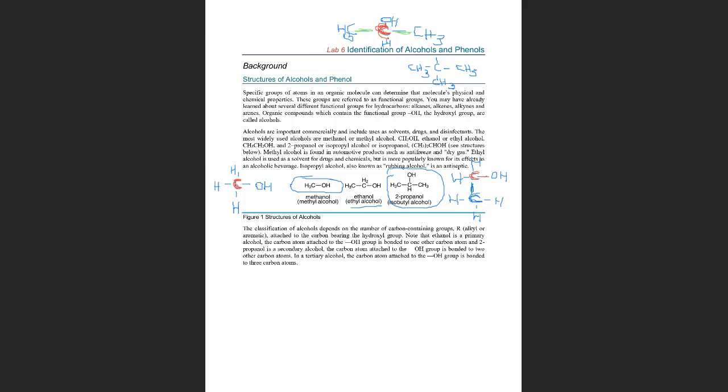And this is the OH. So when we look at the carbon bonded to the OH, we see that it's bonded to 3 other carbons. Then it's a tertiary alcohol. So that is how we classify the alcohols.